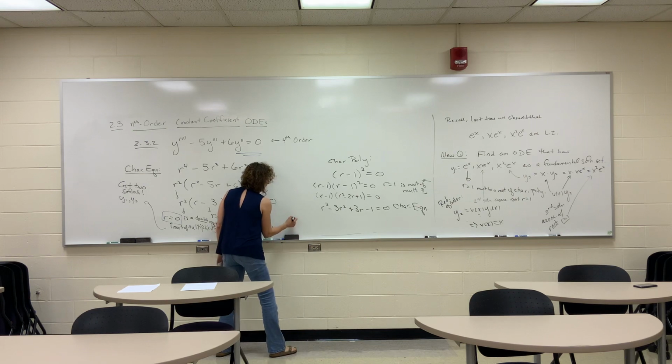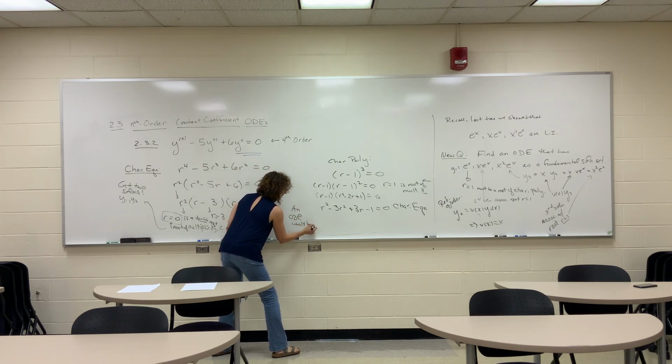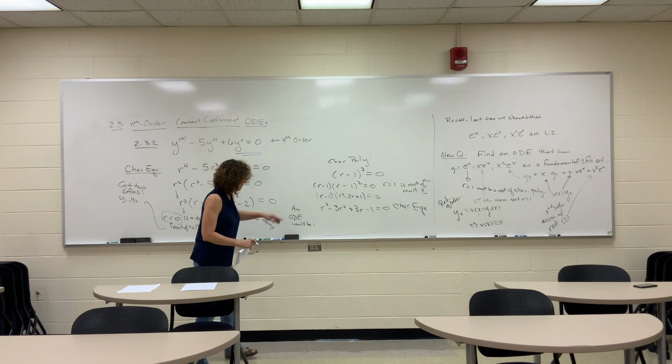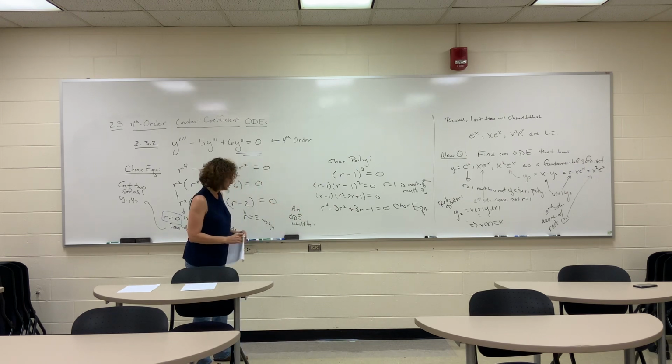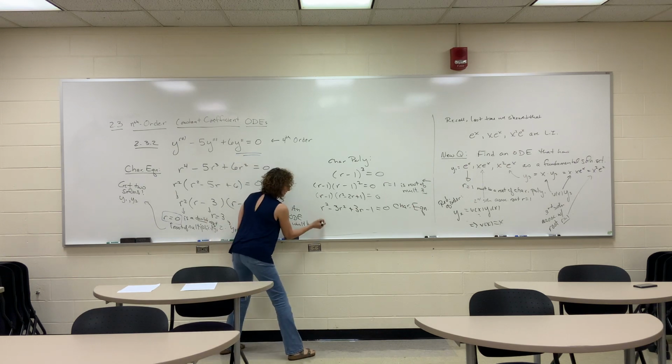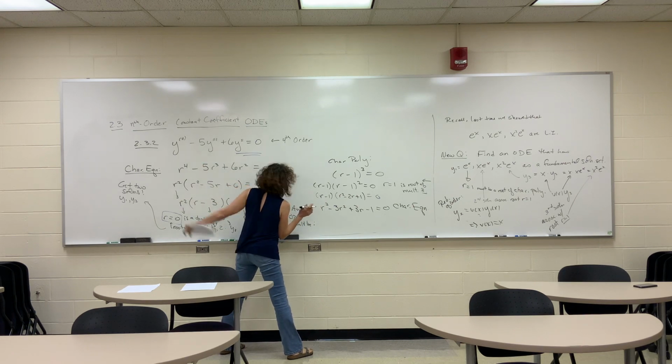Therefore, an ODE, right, you could always multiply everything by a constant, right? An ODE would be what? What would be the ODE that would correspond to this characteristic equation, just explicitly? Third in r cubed, right, is going to correspond to a third derivative of y.